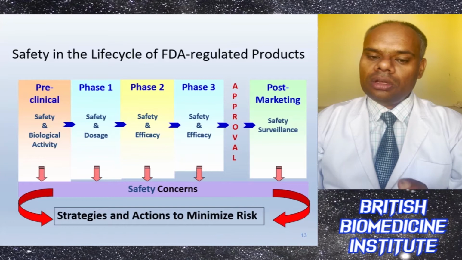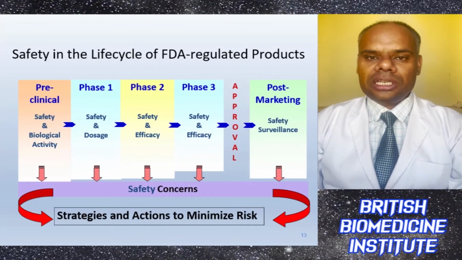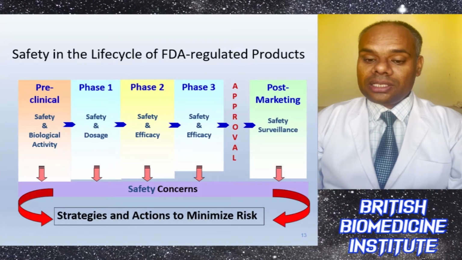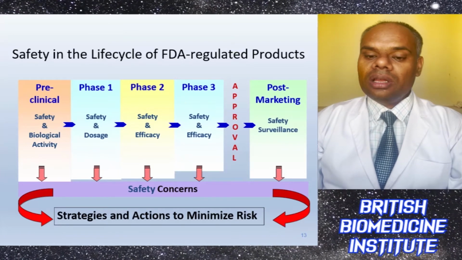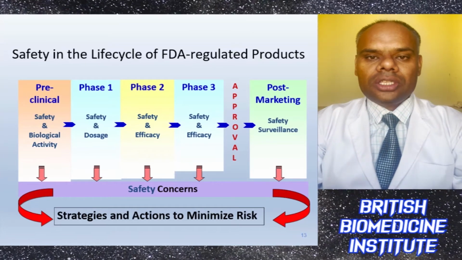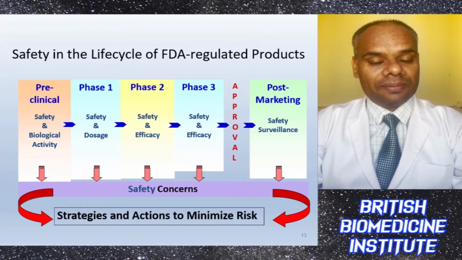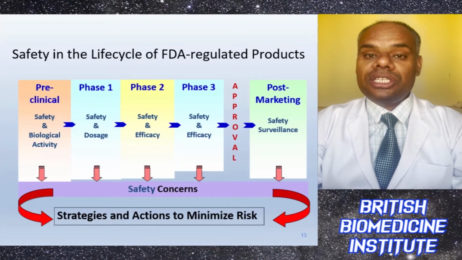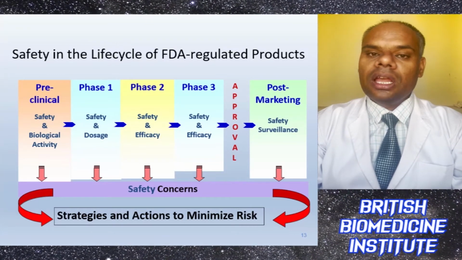In phase 2 our main objective is to check safety and efficacy, and phase 3 has the same objective, safety and efficacy. Phase 3 is also known as confirmatory trials, where we confirm that our medicine is better than the medicine available over the counter.